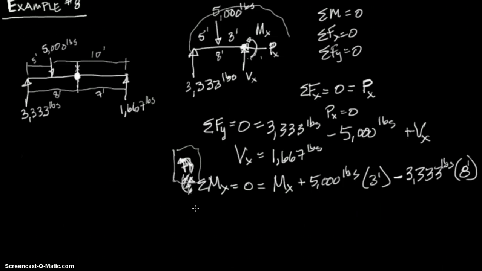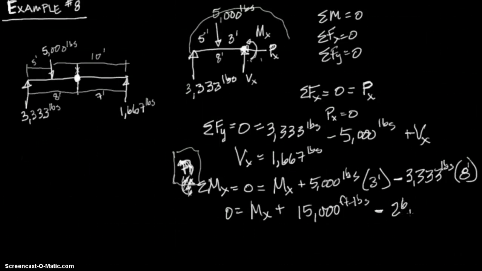Now let's go ahead and do the math and simplify. I will do the Mx plus, well, that's going to be 1,500 foot-pounds. And this is going to be, what, my math in my head on that is not the best, so it's going to be 26,664 foot-pounds.